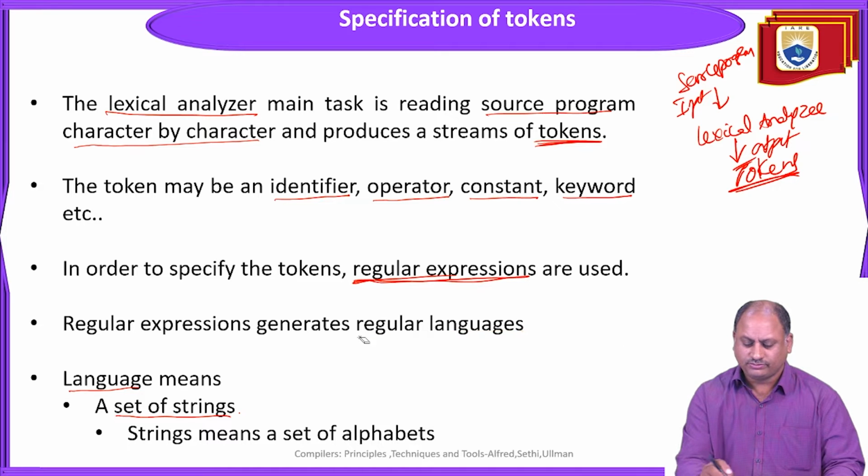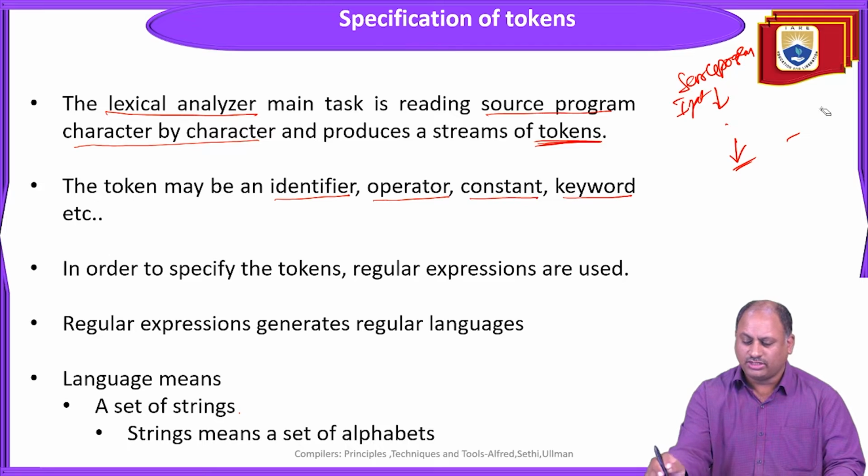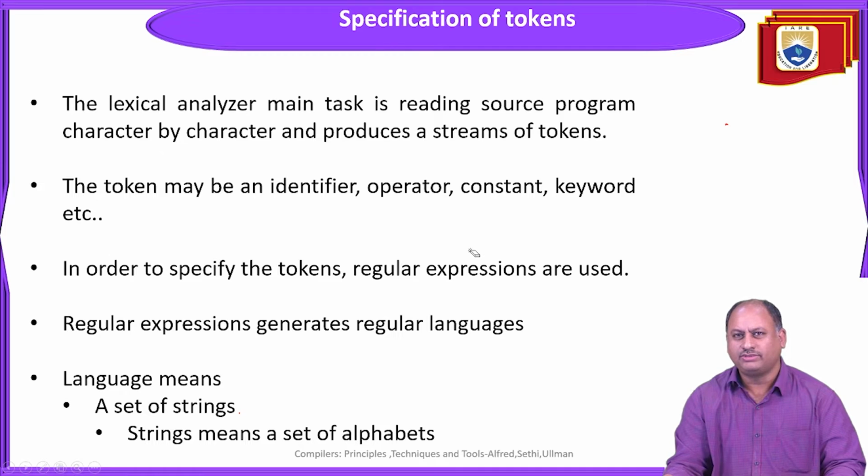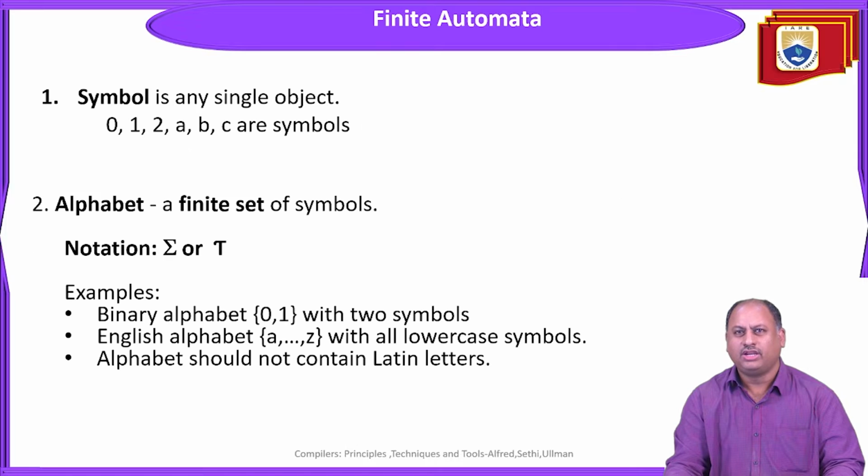So first, alphabets are to be recognized, that is, individual characters, which are also called symbols. These are used to generate strings, and a set of strings is considered a language. What is a symbol? It is nothing but a unique object.